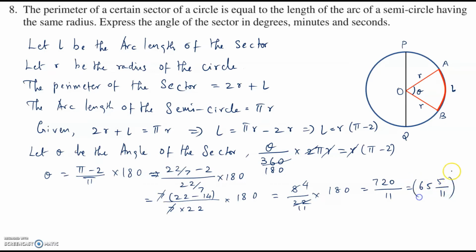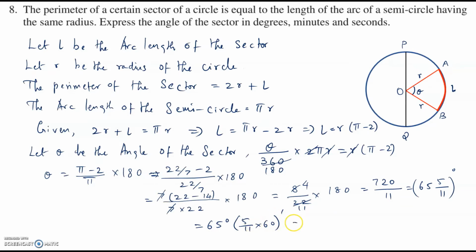Now this is in degrees. So we need to find the sector in degrees, minutes, and seconds. So let's write it here. This is equal to 65 degrees. Then your 5 by 11 should be multiplied by 60 to find the minutes. So 5 by 11 into 60, that is in minutes.